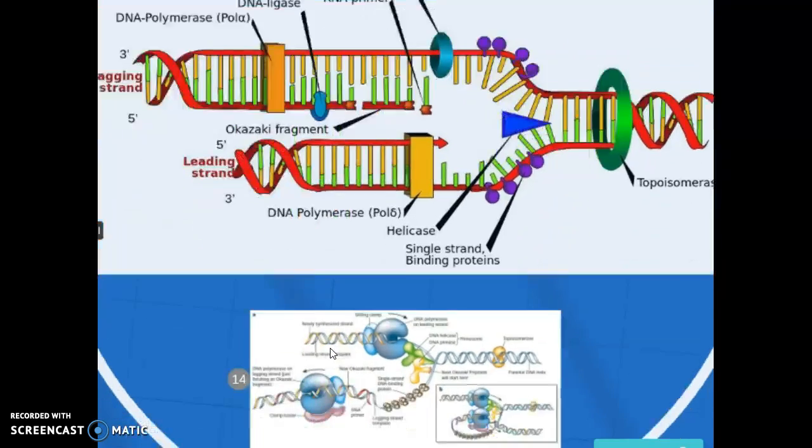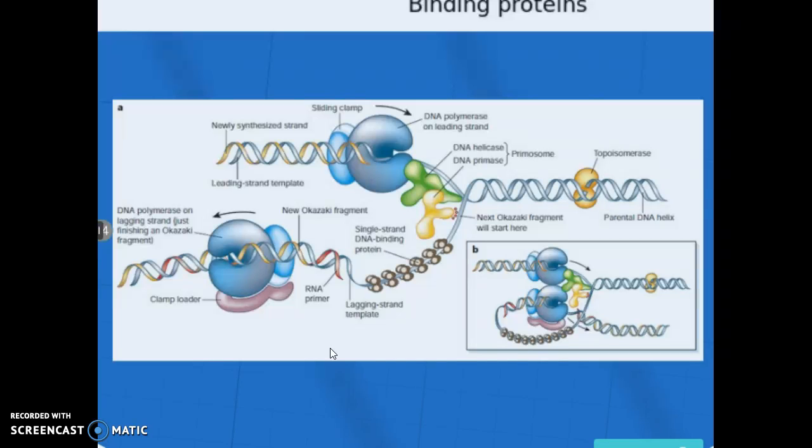A better picture is here. You can see the clamp that I talked about attached to DNA polymerase, and you can see the clamp loader holding that clamp and opening and closing it when needed. Here you can see the leading strand, 5' to 3', and you can see that DNA polymerase is moving down this way.